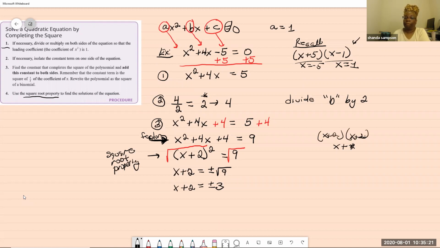Okay. So now we need to solve. Now remember, these are 2 different numbers. Okay. So let's solve this. You can do it one of 2 ways. I like for my students to break it down into x plus 2 is equal to 3, and x plus 2 is equal to -3, right?